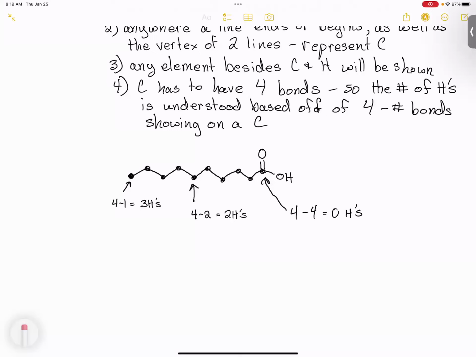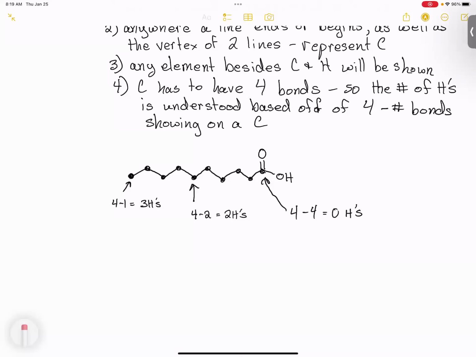Okay, so before I get into naming, the next thing I wanted to do is, again, this line structure hints at the shape of the molecule, but it really does not get into the shape of the molecule.